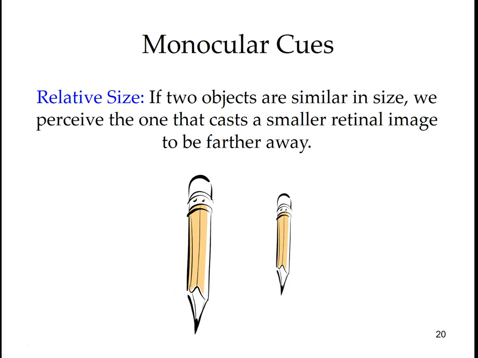Relative height: higher objects are farther away. Relative motion, or motion parallax: as we move, objects at different distances change their relative positions in our visual image, with those closest moving most. Linear perspective: the convergence of parallel lines indicates greater distance. In light and shadow, dimmer objects seem more distant. Artists use monocular cues to portray depth on a flat canvas.